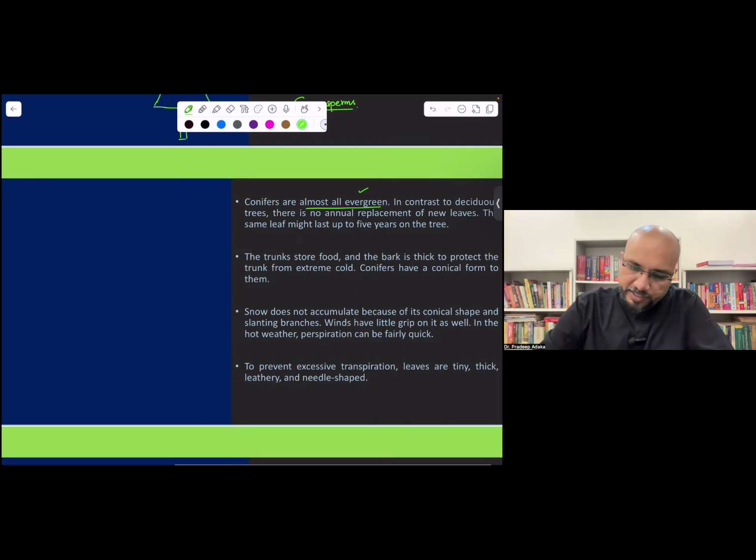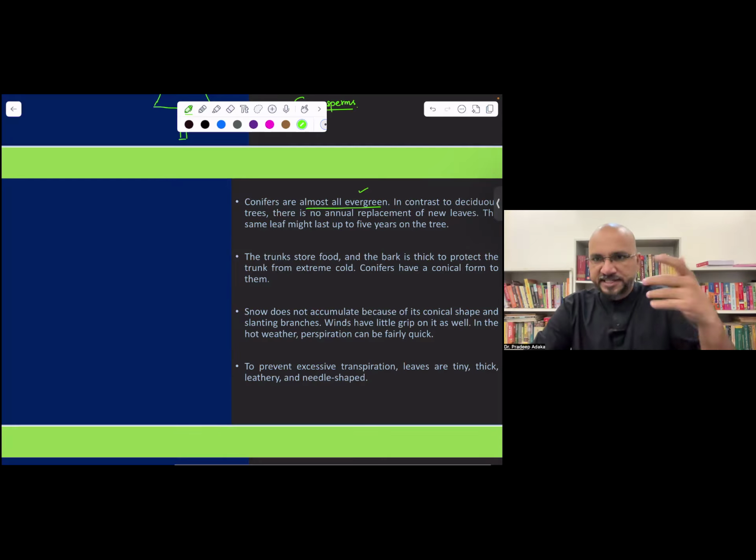In contrast to deciduous trees, which shed their leaves in summer and autumn, depending upon the species and where they are present, because of scarcity of water. To conserve water, they shed their leaves to reduce transpiration loss, right?